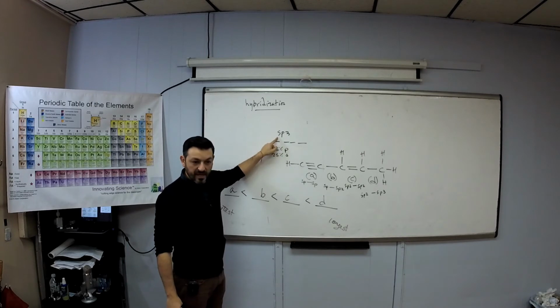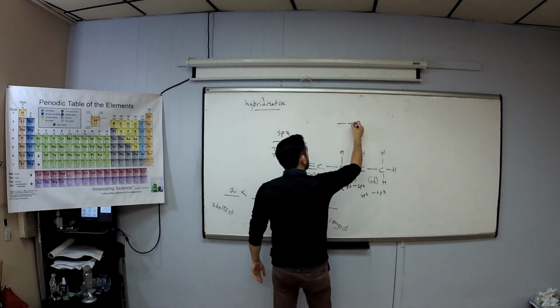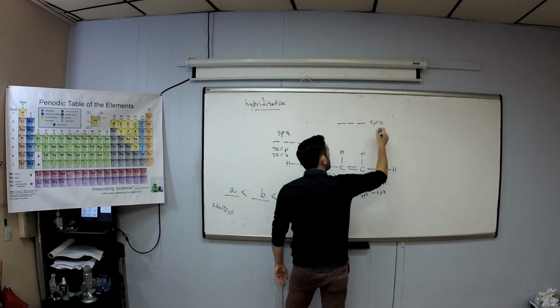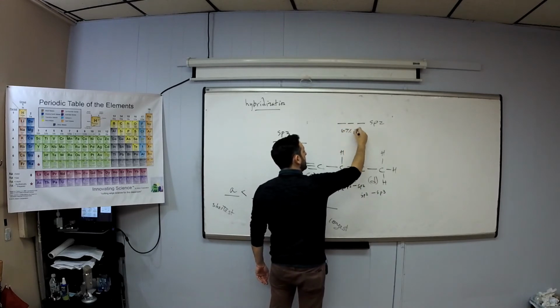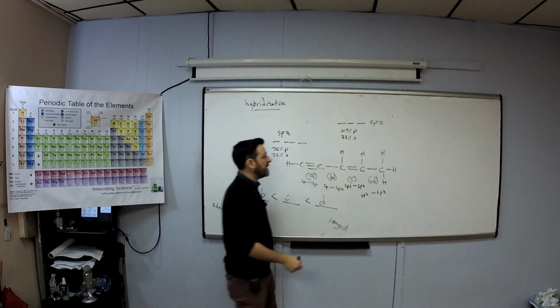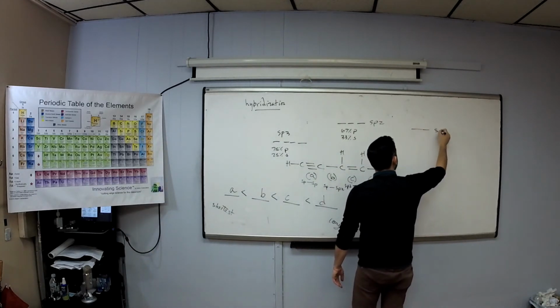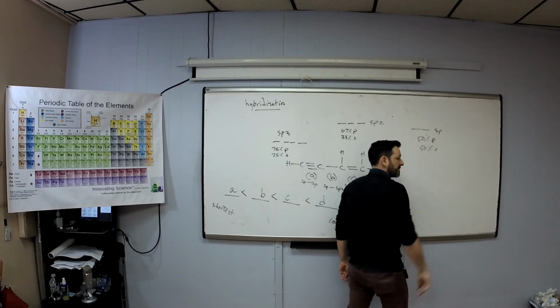There's four orbitals. One of them is S. So doesn't that make it 1/4 S and 3/4 P? The one that's sp2 is 67% P, 33% S. Does that make sense to you? And the one that's sp is 50-50: 50% P and 50% S.